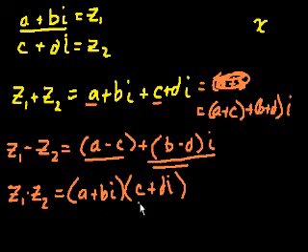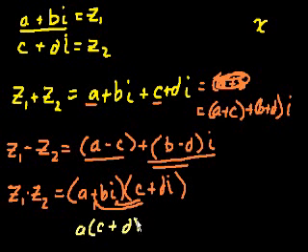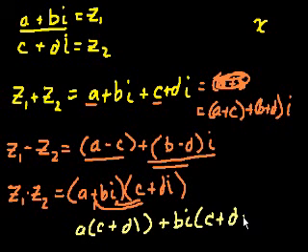So what we can do is take the c plus di and distribute it on each of these terms. So this should be equal to a times c plus di, plus bi times c plus di. All I did is I took the c plus di and multiplied it by this to get this, and multiplied it by this to get this. And then we distribute again.